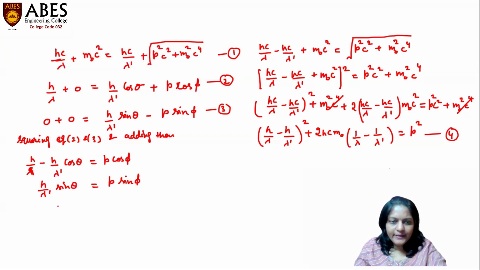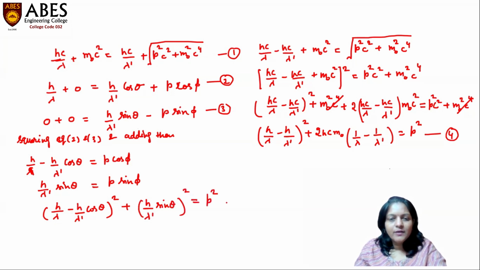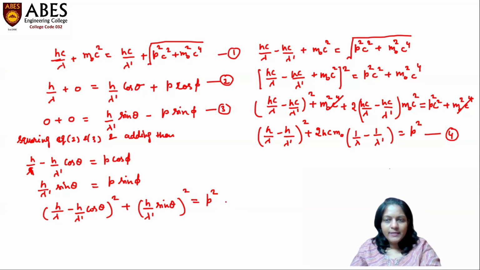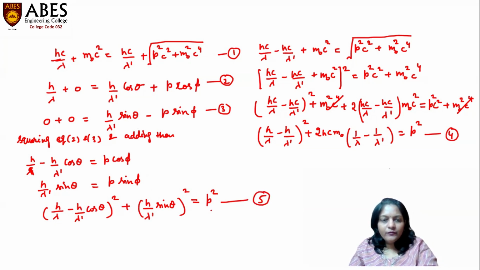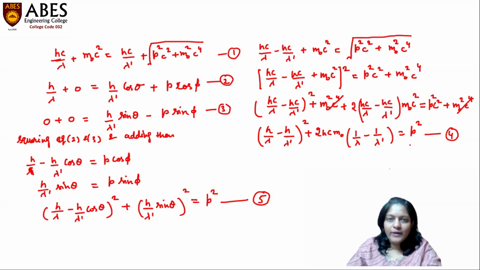Squaring and adding, we get [(h/λ − h/λ') cos θ]² + [(h/λ') sin θ]² = p²(cos²φ + sin²φ) = p². This is equation number 5. So this is p² from the conservation of momentum, equations 2 and 3, and this is also p² from equation number 1, which is due to the conservation of energy.